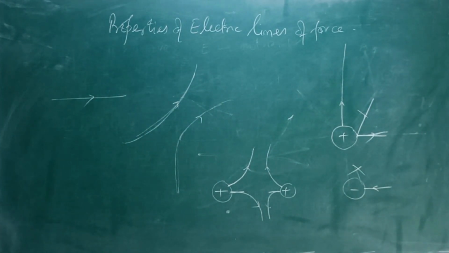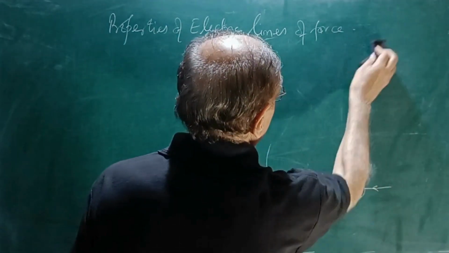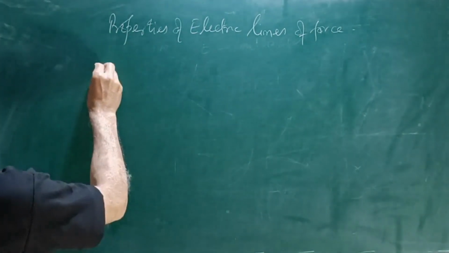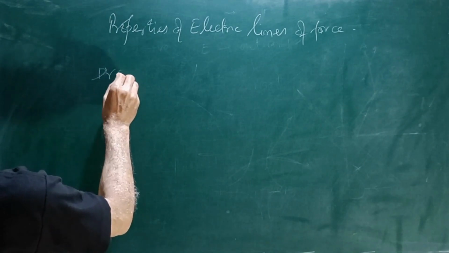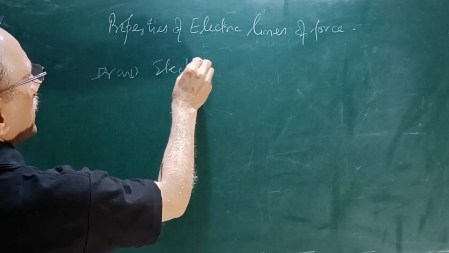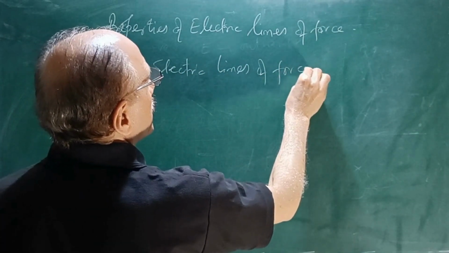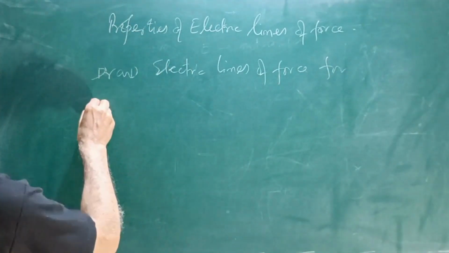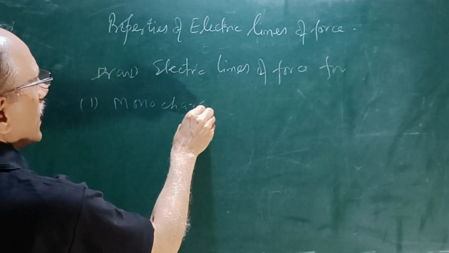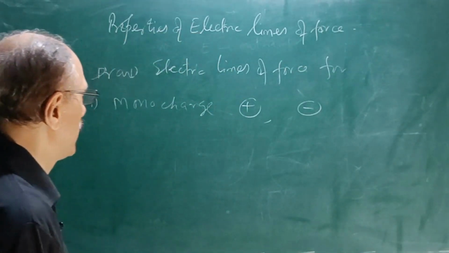So now try to draw electric lines of force for number one, monocharge. Monocharge means either it will be a positive or negative charge.